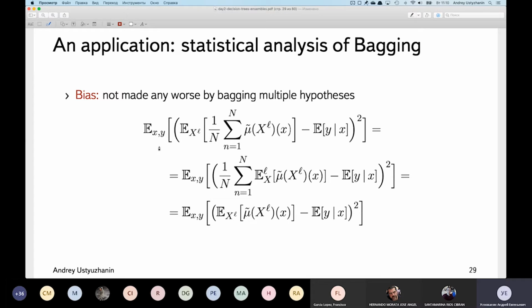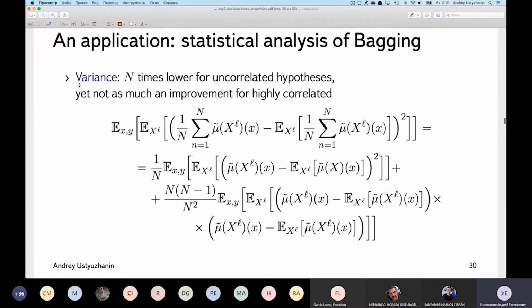This term is the expected risk that we get by bagging, and this is the expected risk that we get from the initial model that we train. So bagging doesn't introduce any bias.